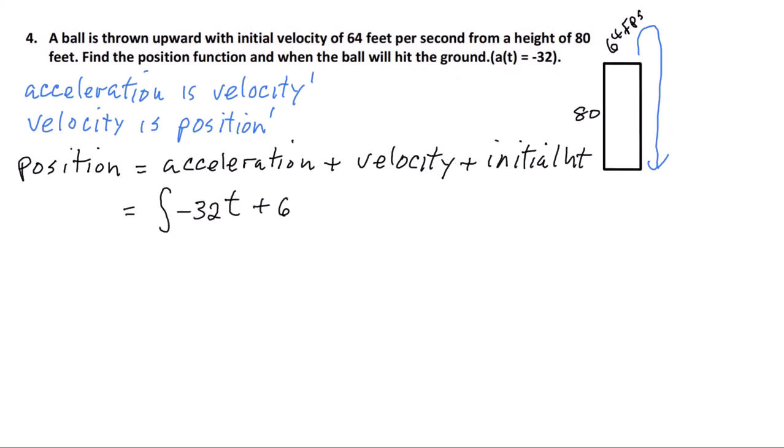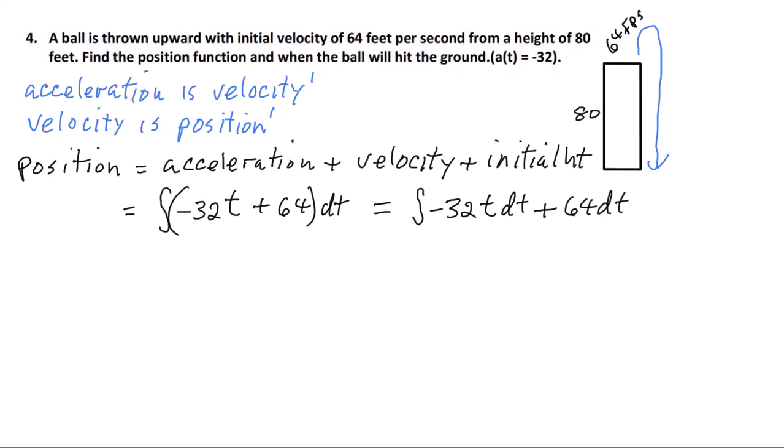So what I'm going to do is take that and find the derivative for it. Now they told us negative 32 as a function of some time t was the acceleration. The velocity is also a function of time, and that's going to be just a constant there, because you'll see in just a second what happens. So I'm going to find the antiderivative of that. So those are added together. So I can rewrite that as this.